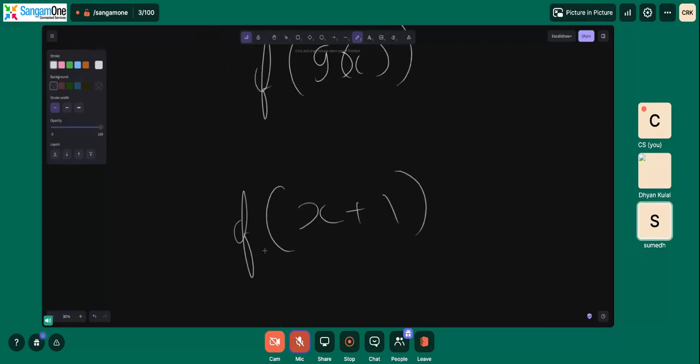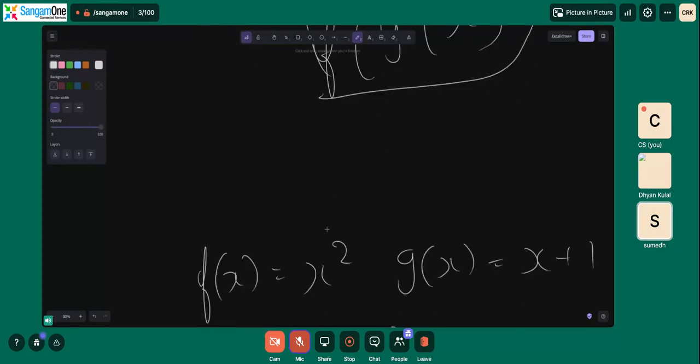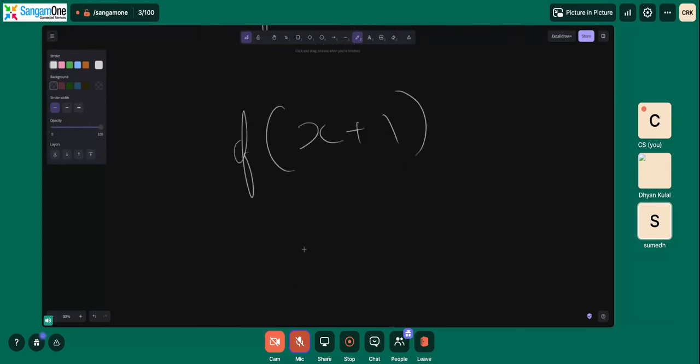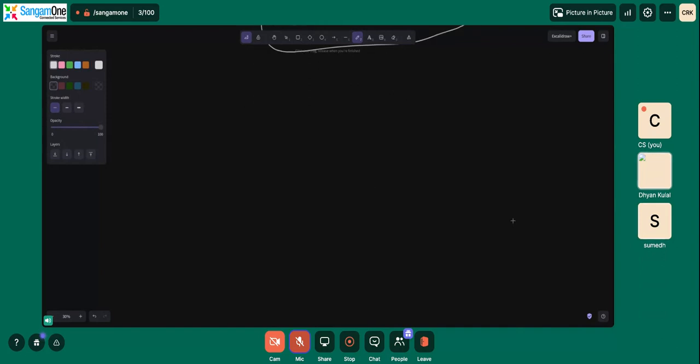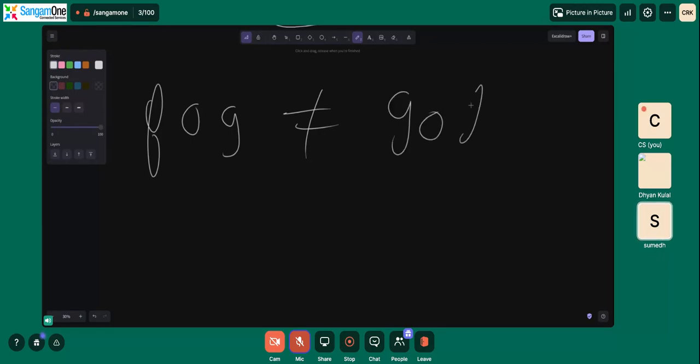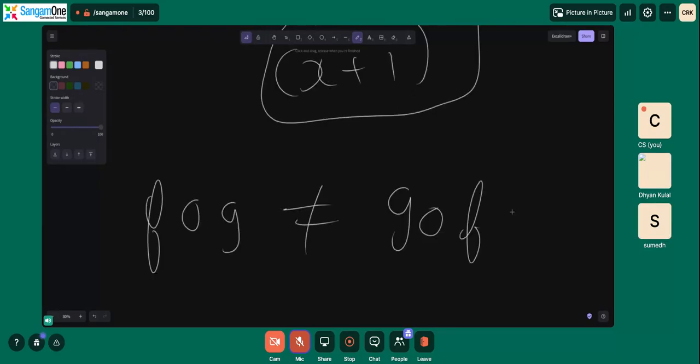Now, what is the function f? F is x square. So basically, I have to do x plus 1 whole square. That would be my f of g of x. Is that clear? Yeah. And remember one thing, f of g will not be equal to g of f, at least in general. There may be edge cases, but generally, f of g is not equal to g of f. Is that clear? Yeah.